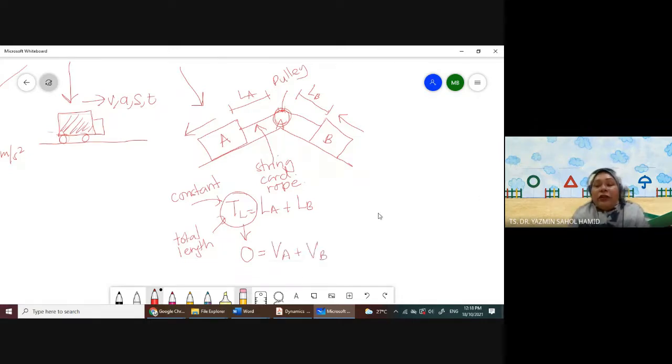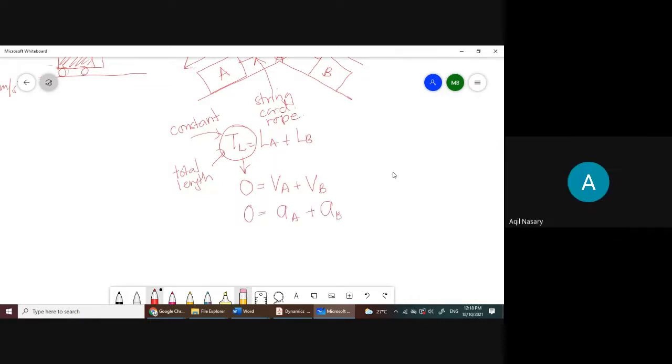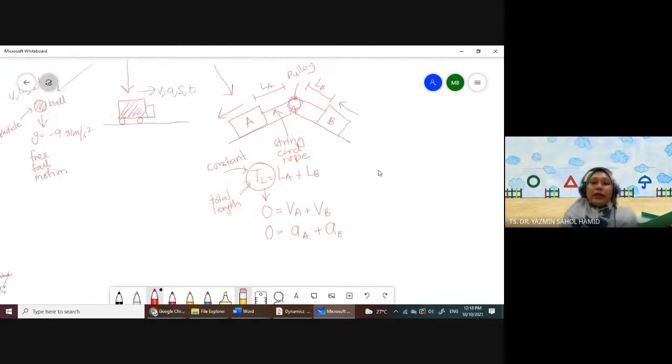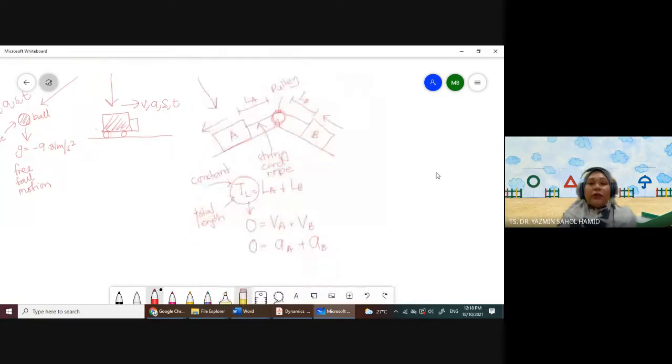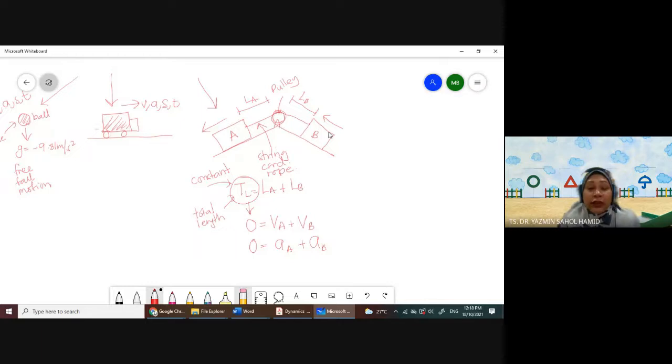And then if you differentiate velocity, dia akan jadi acceleration. So what I'm trying to say is, there is another type of question that is involving the length of the string, for example, that involves several particles, for example A and B, that you need to understand to solve also.